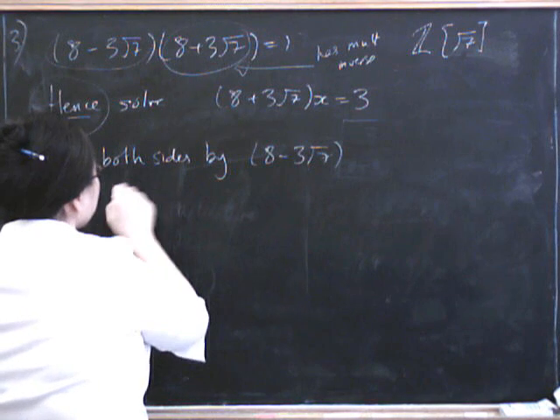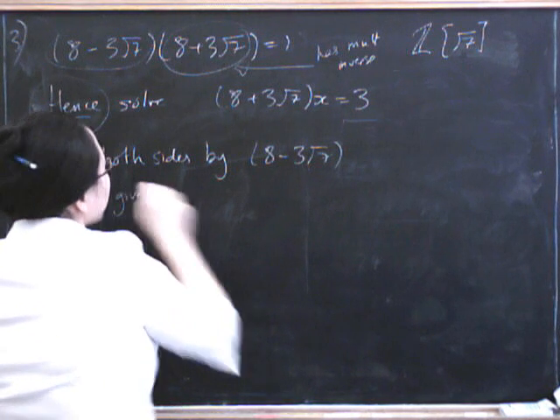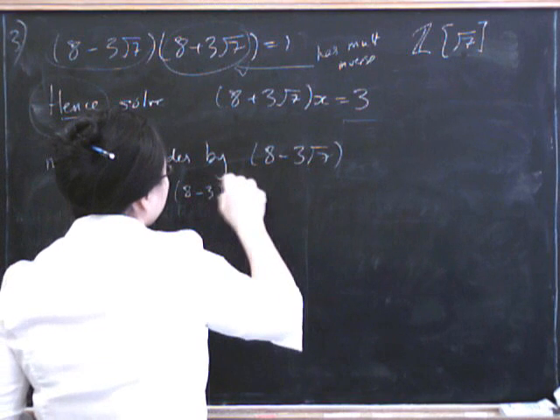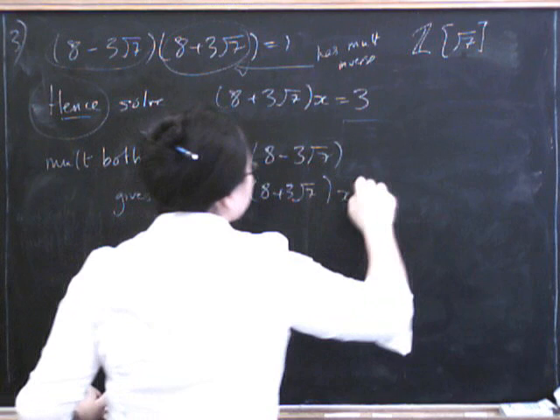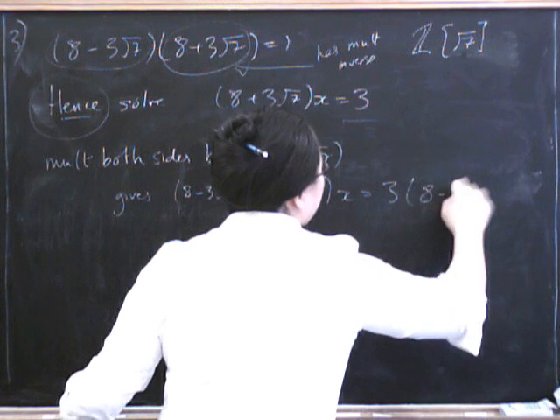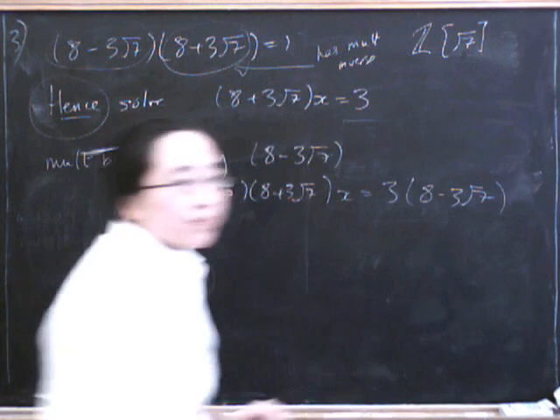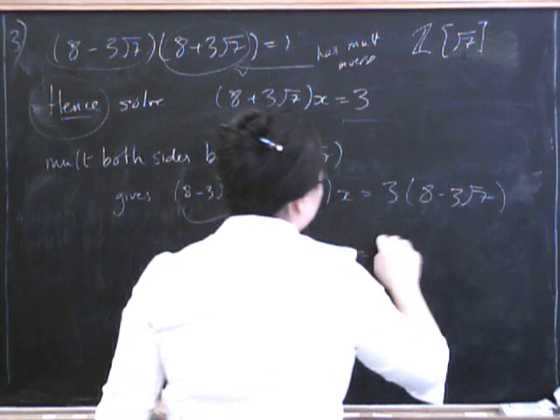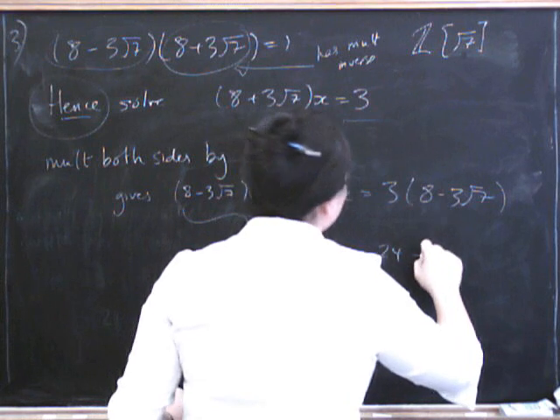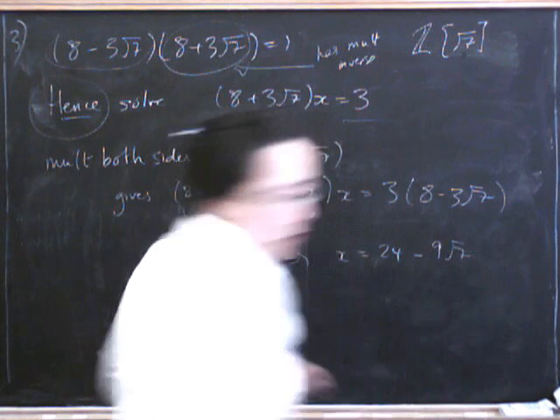So then we get, this gives 8 minus 3 root 7 multiplied by 8 plus 3 root 7, x equals 3 times 8 minus 3 root 7. This bit is 1, so we get x equals, and then we can multiply this bit out. 24 minus 9 root 7.